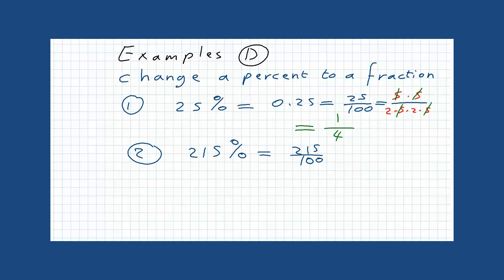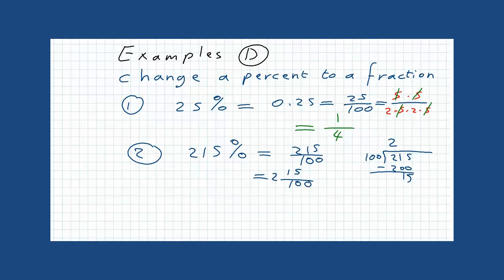So the answer must be a mixed number. You can simply divide 215 over 100. It's clear that it's equal to 2. 2 times 100 is 200. Subtract, you will have a remainder of 15. So we can write our fraction as 2 and 15 over 100.